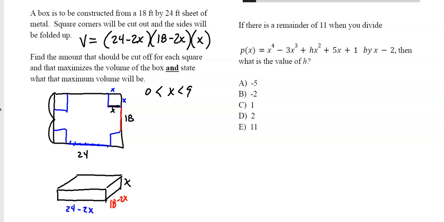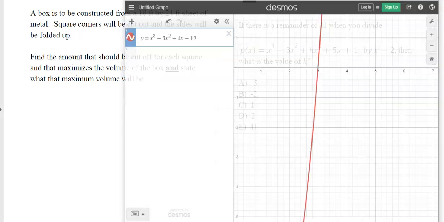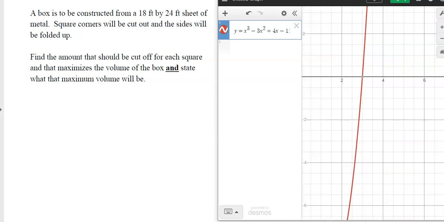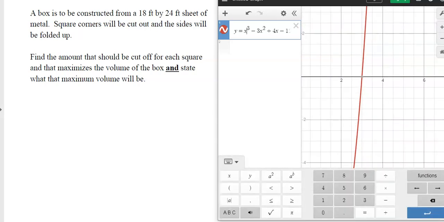So let's pull up the old graphing calculator again. I'll move this over some. And you see we had parenthesis 24 minus 2x parenthesis. Then we had 18 minus 2x parenthesis times x.